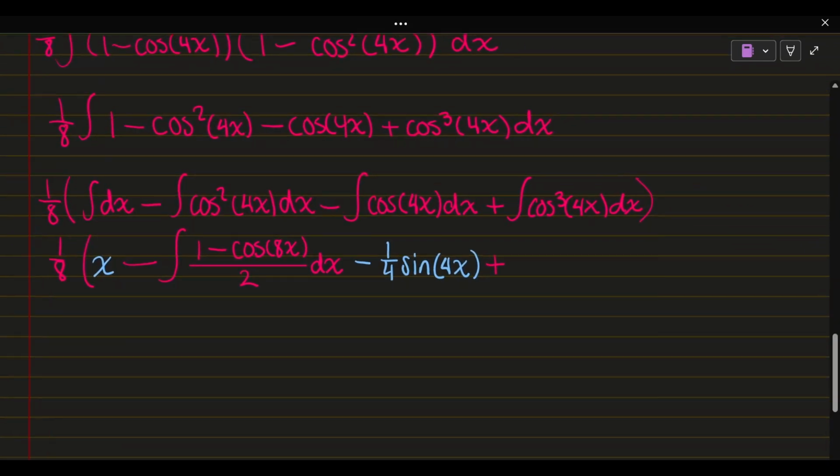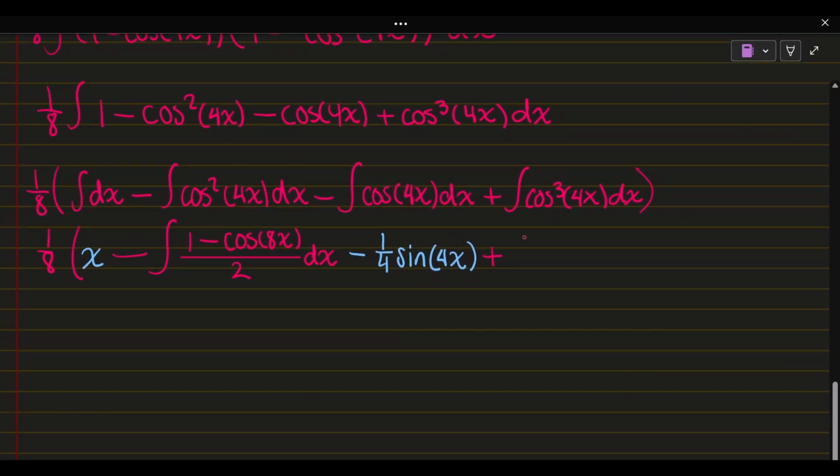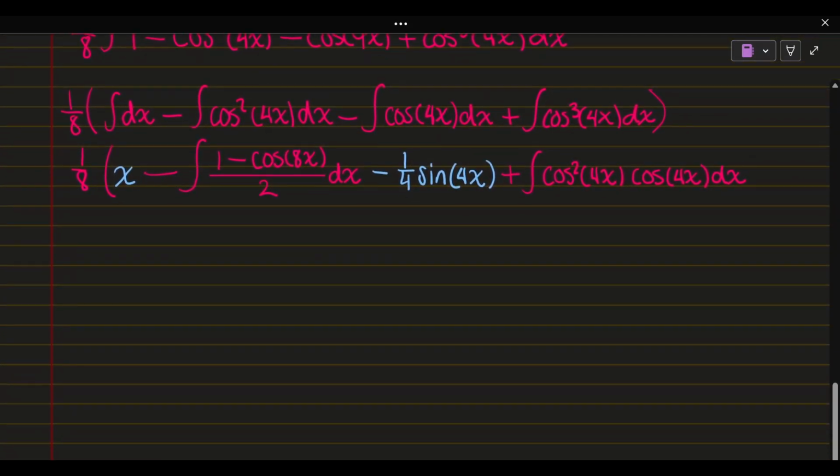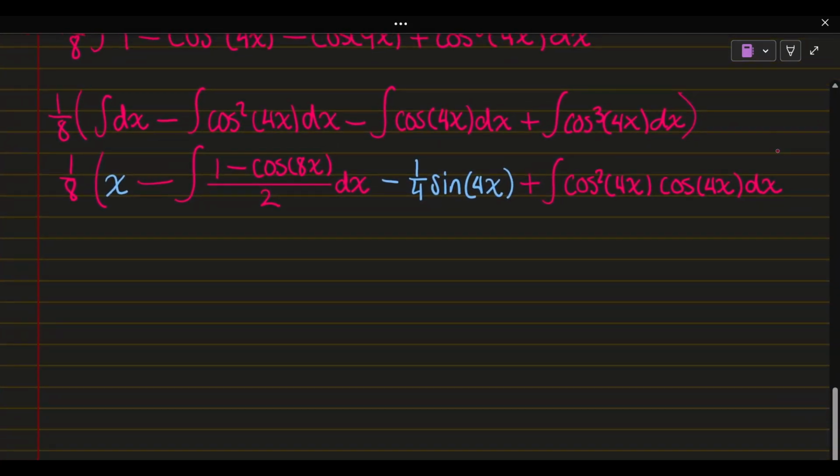So I'll notice that this cosine cubed can be split up into the integral of cosine squared 4x times cosine 4x dx, and that's all being multiplied by that 1/8.